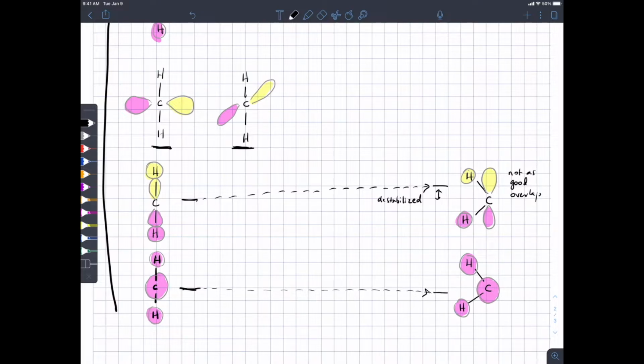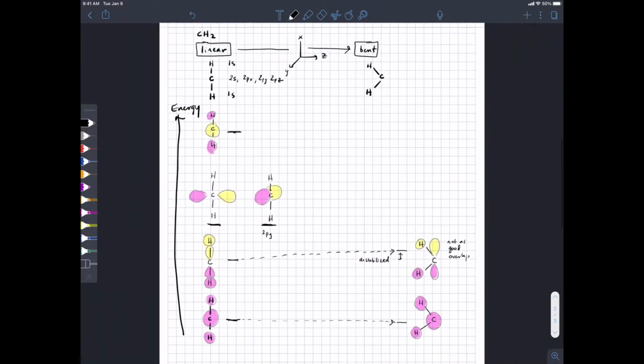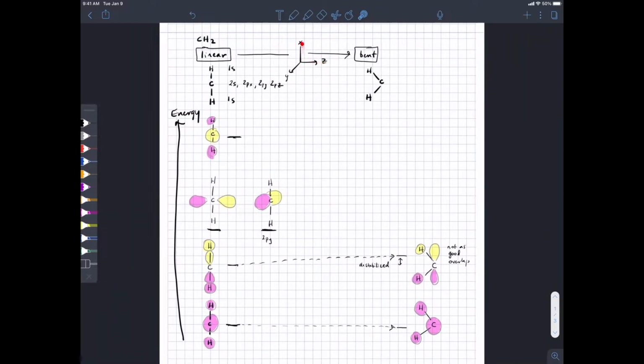I'm going to try to represent this y orbital just a little bit better. I'm going to have a lobe here and a lobe back there, and the node is in the plane of the page. I hope that's close enough. So for the 2py orbital, notice that the node is the xz plane, the plane of the page.